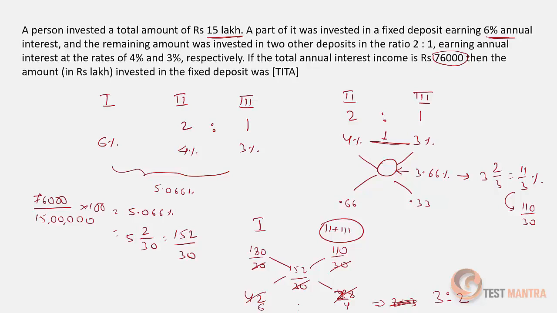In that case, if this complete is 3, I can take this part. So now let's check what is my requirement here. So I can say 1 and 2 plus 3 is in the ratio of 3:2, which is equal to x by 3.